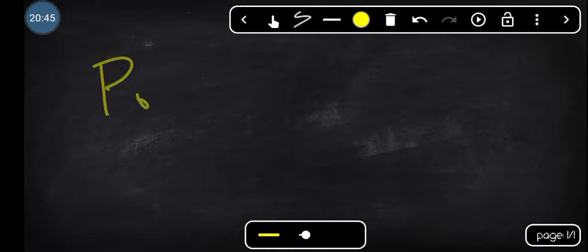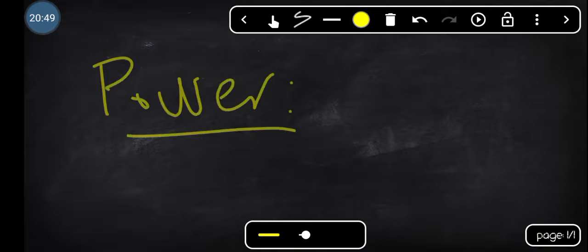That is power. What is power? Power has to do with the rate at which work can be done, the rate at which energy can be expended. Your power will be determined by the amount of work you can do in a given time.